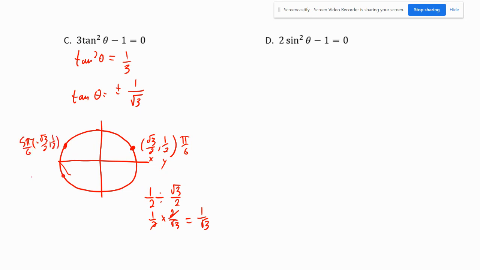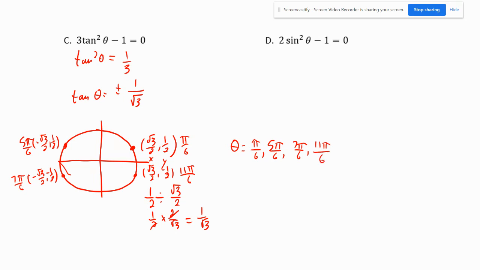It happens here at negative root 3 over 2, negative 1/2, which is 7 pi over 6. It happens here, which is root 3 over 2, negative 1/2, which is at 11 pi over 6. So we have four solutions: pi over 6, 5 pi over 6, 7 pi over 6, and 11 pi over 6.